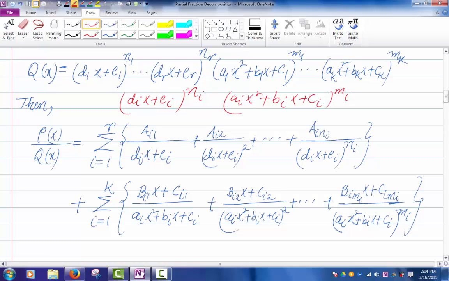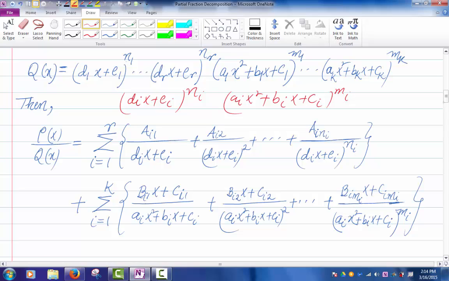So you're going to start with the first power of the linear factor, the second power, all the way up to the ni power of the linear factor. Those powers will go into the denominators, and each numerator will be a constant. Am I clear? So each linear factor of Q will give rise to a term like this in the decomposition.